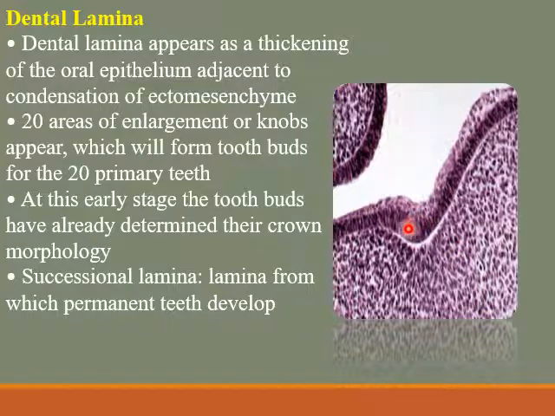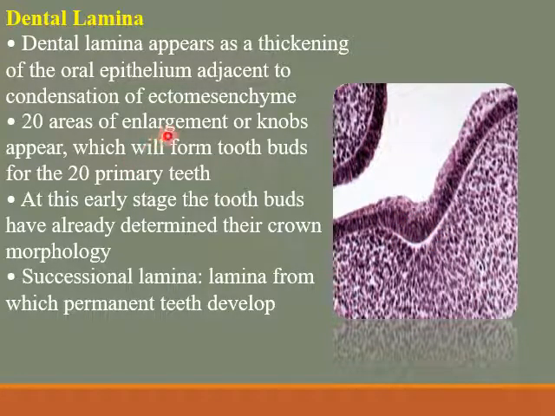Here we have thickening of the primary epithelial band, which later gives the dental lamina, and the dental lamina proliferates toward the ectomesenchymal cells. Between the oral epithelium and ectomesenchymal cells, we have the basement membrane here.